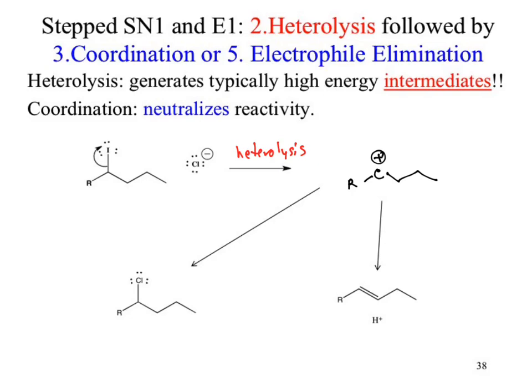They can do all sorts of side things. What else could happen to this? Is our carbocation stable? What does it need? Electrons. Where could it get electrons from? It could get it from the chloride ion, which is acting as a nucleophile.